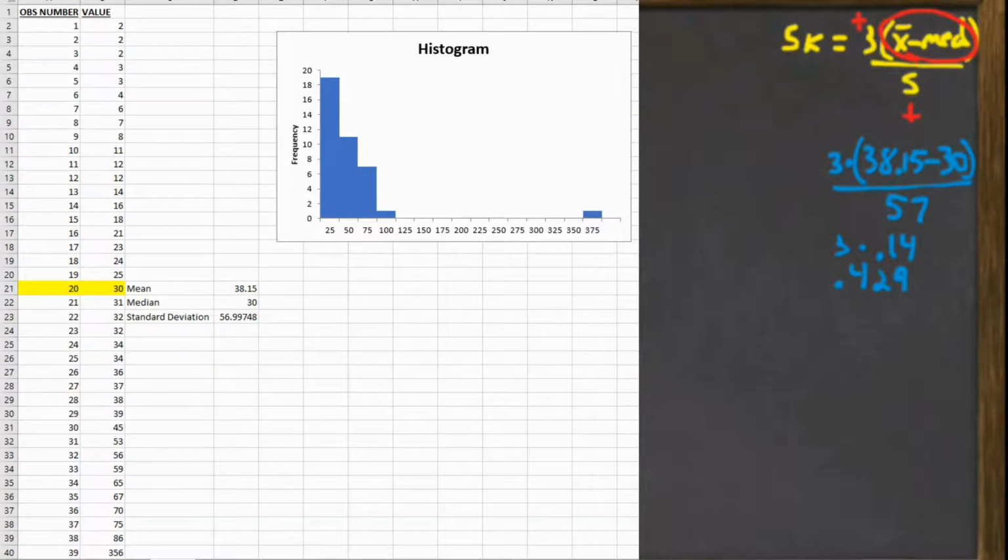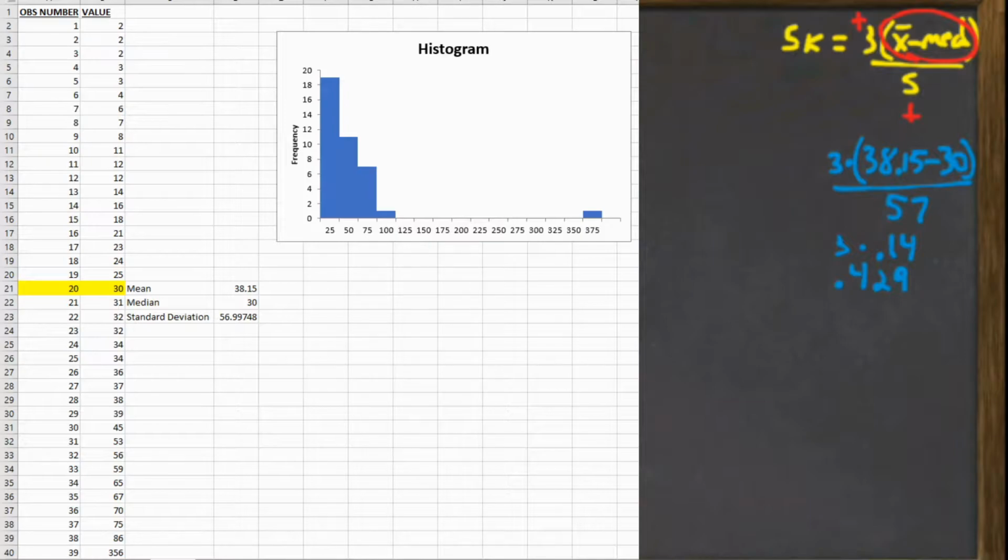Now, you would consider it kind of weakly positive. Skew can range from -3 to 3. So 0, or right around 0, if you're just a little bit off of 0, you would consider that to have no skew.